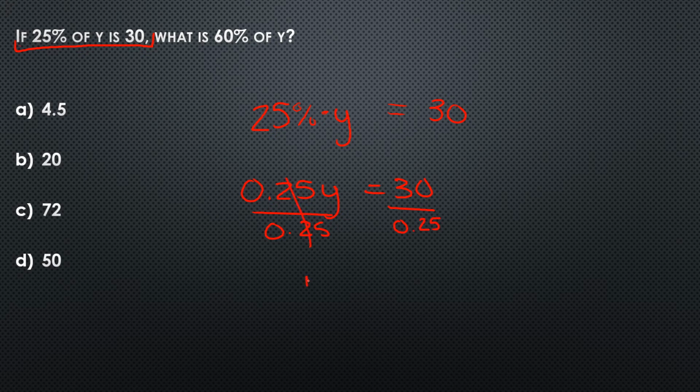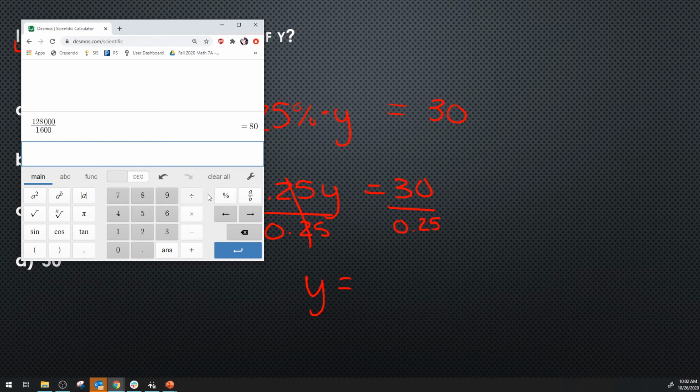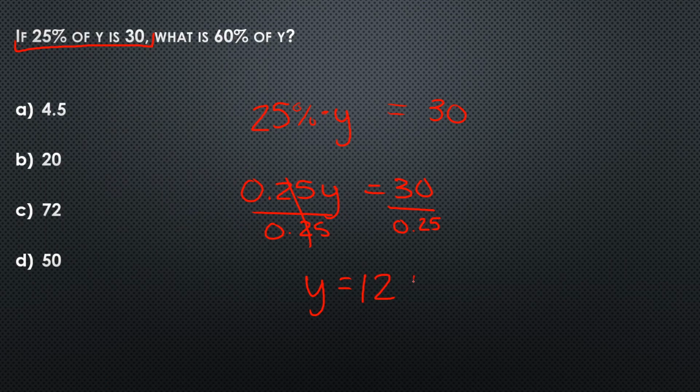When I do that, I figure out that y is equal to 30 divided by 0.25, which is 120. So this is telling me that y is 120. So y is that special number. So this says if 25% of 120 is 30, what is 60% of y?